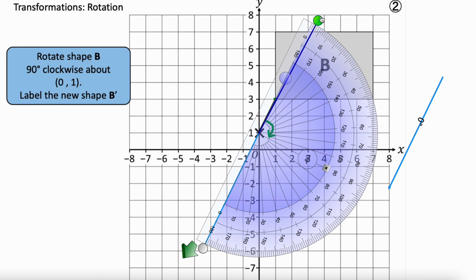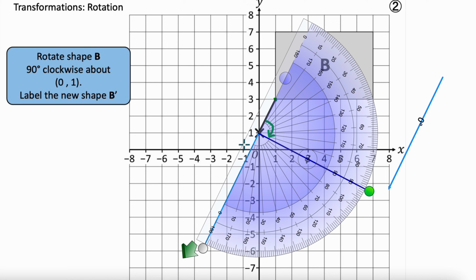And we know we are going to rotate in this direction, 90 degrees clockwise. So more or less this is the direction, the line, of the new segment that we will have.